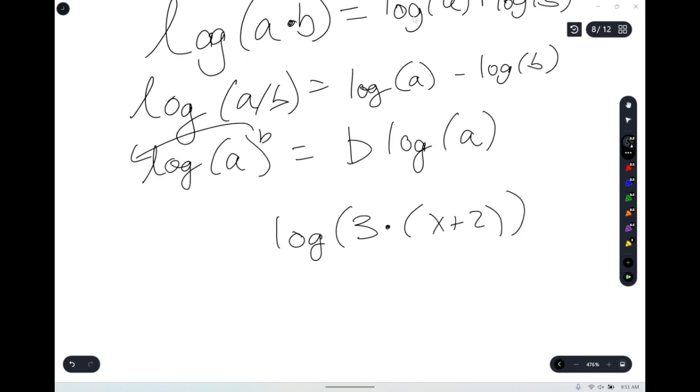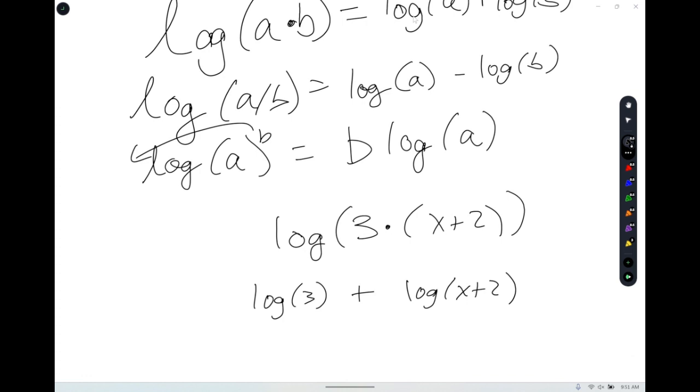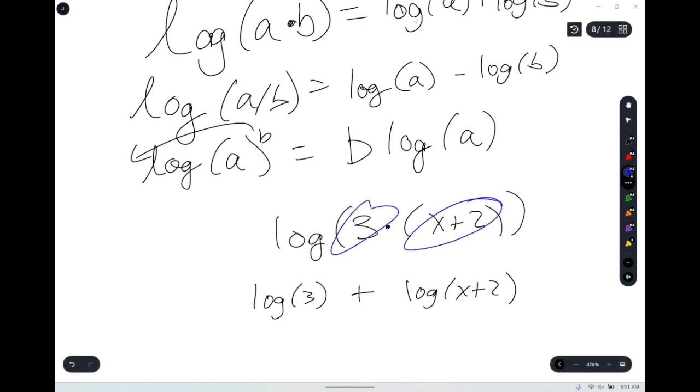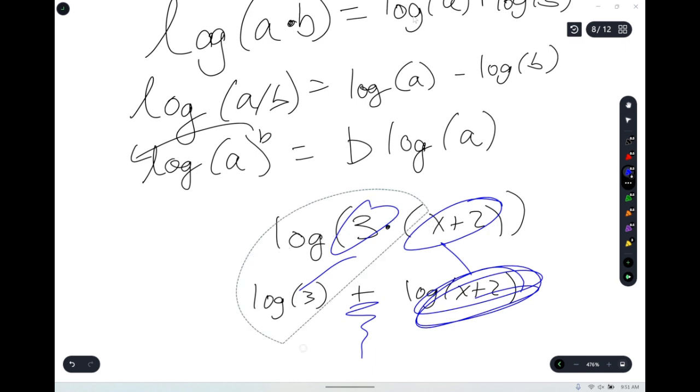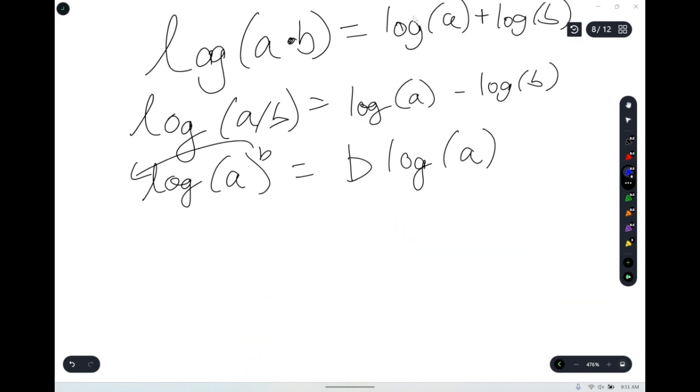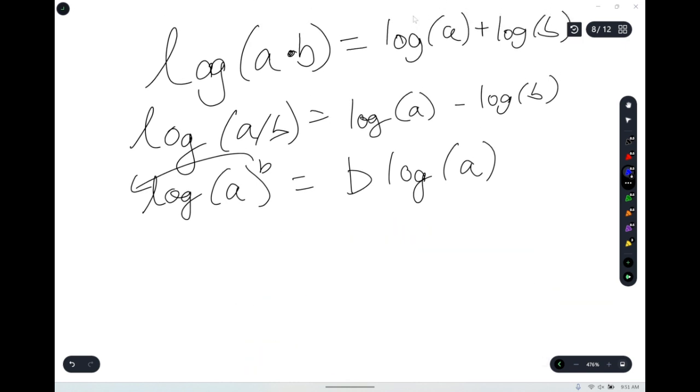My brain wants to do some stuff. I could do log of 3 plus log of x plus 2. But then a lot of times, my brain wants to split this up. You can't. Nothing to be done there. What do you mean by split? Like we just split. Oh, we split this and this away, right? That went over there and that went over there. So you can't do anything to this. You're done. That's the lowest form. As I always say, be careful. The only thing you can do is times, divide, and powers.